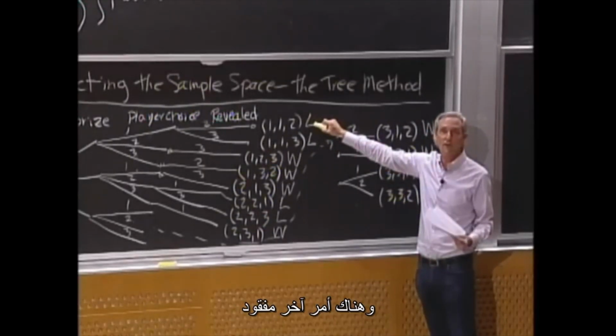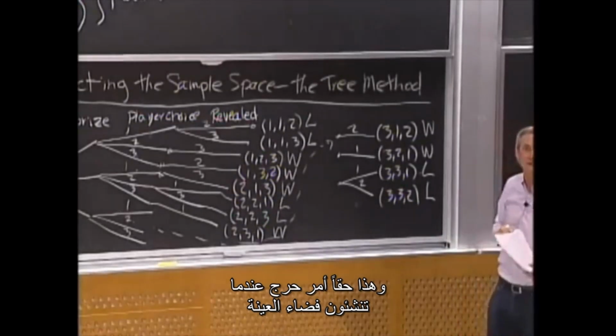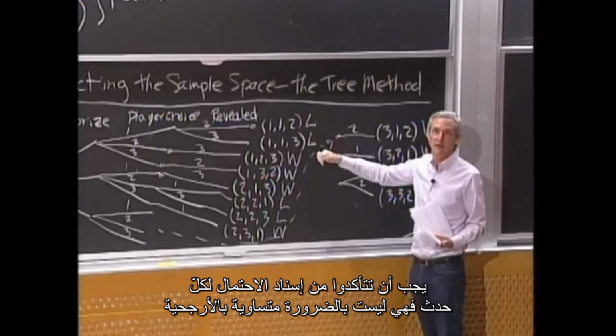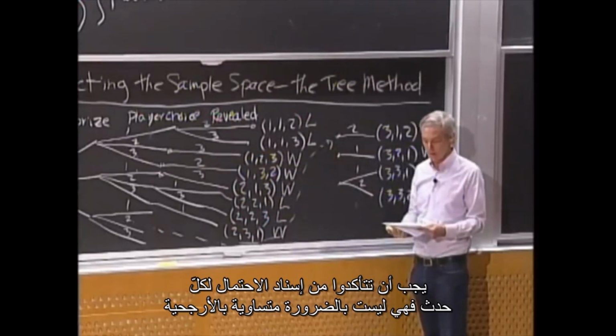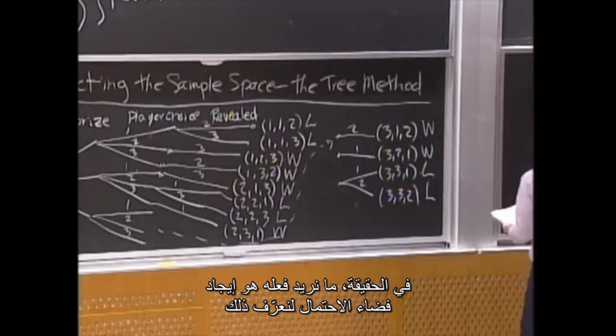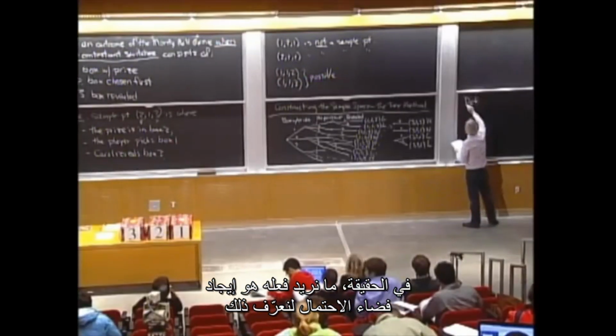We're missing one more thing. And this is really critical when you're making your sample spaces. You need to make sure you get the probabilities assigned to each event. They're not necessarily equally likely. All right, in fact, what we need to do is to construct the probability space. So let's define that.